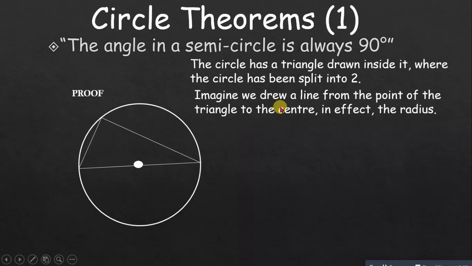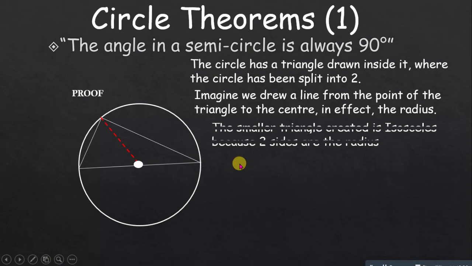So imagine we draw a line from the point of the triangle to the center, in effect a radius. If I draw a line from this end to the center, it forms a radius, okay, and from the center to this point is also a radius, and from that to this is also a radius, and all the radii must be equal.